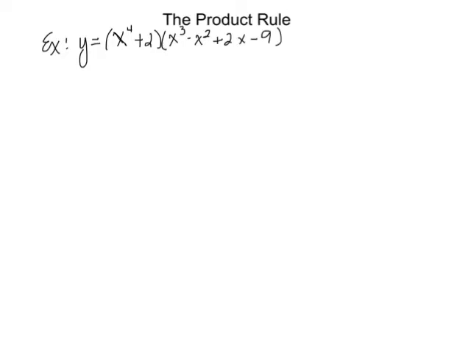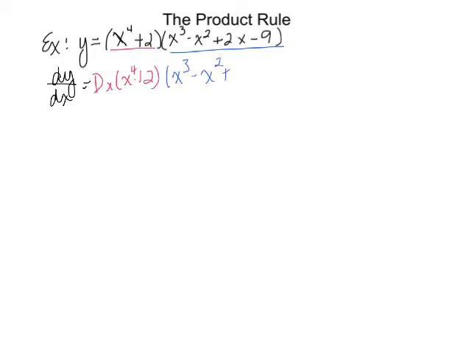Okay, so again, I have two functions being multiplied, and I want the derivative, again, the derivative with respect to x. Make that one pink, and that one blue. It's going to be the derivative of the first times the second, plus, and the first one is left alone, and we take the derivative of the second function.